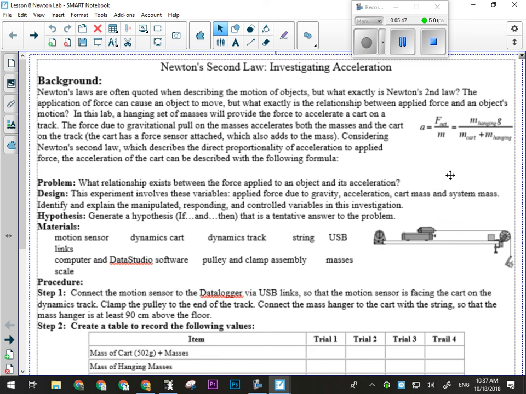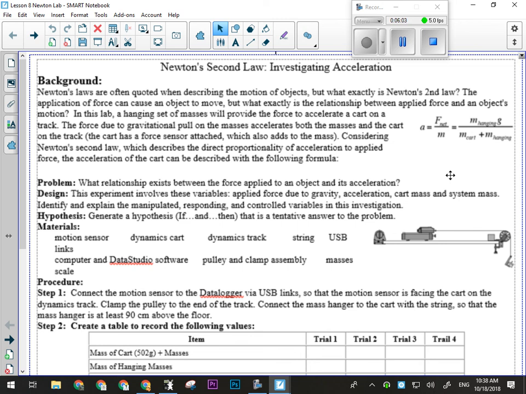For the hypothesis, we need an if, and, then statement that's a tentative answer to the problem. Now the problem we're investigating is essentially what's the relationship between force and acceleration. So I would say the if part of your hypothesis should probably tell me that.